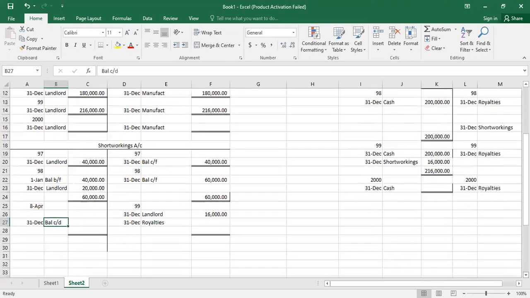Yes. So it's very simple. Our carry down is 60,000, but we are writing off 24,000. So what's the difference? The difference is 20. Exactly. So this is what will be going now to the landlord's account, isn't it? Yes.